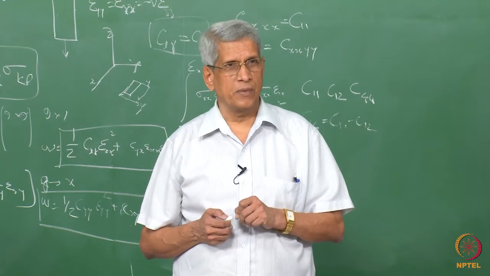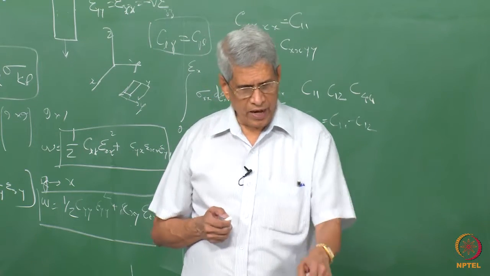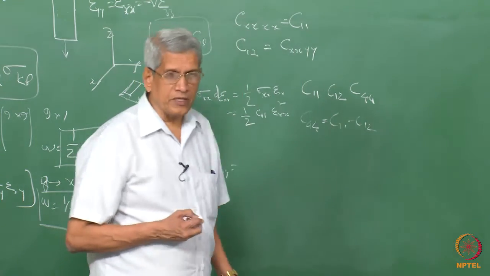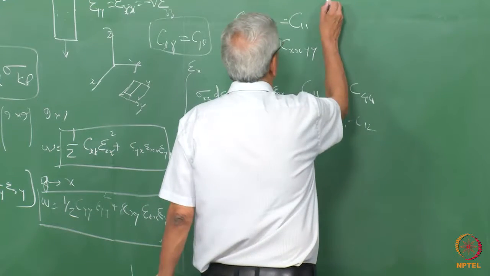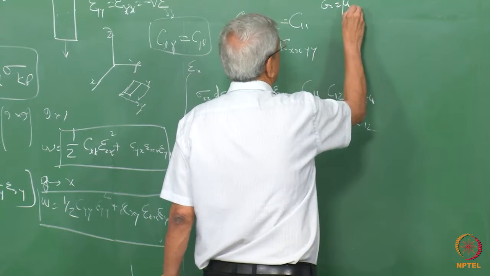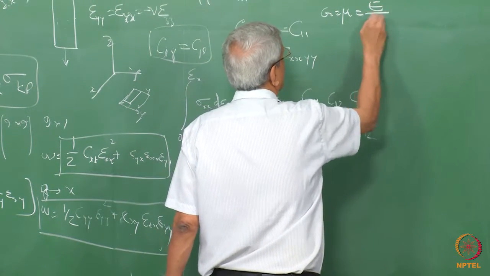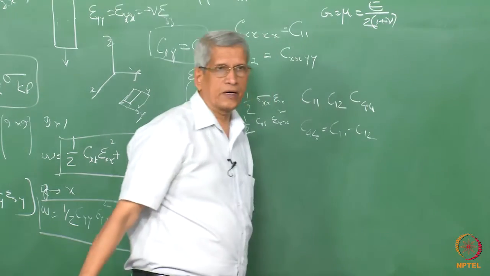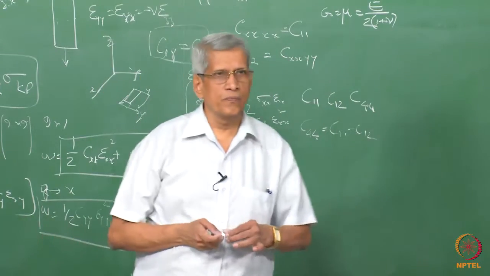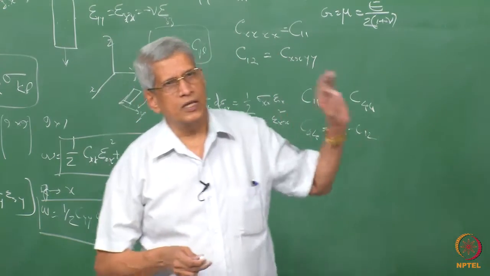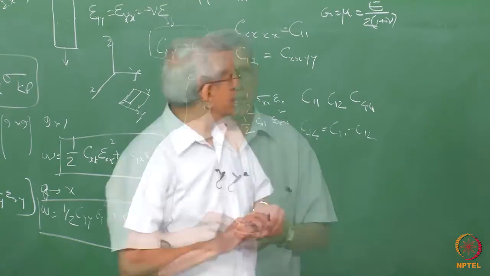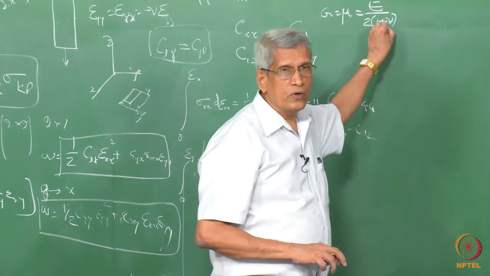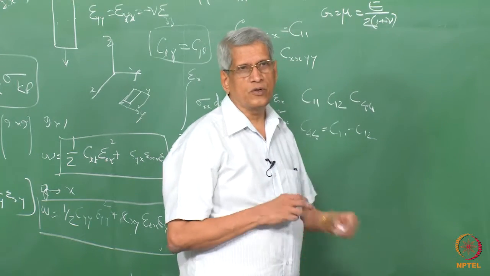I have given both expressions here. So G equals mu equals E by 2 into (1 plus nu), correct? What is nu? Nu is nothing but the Poisson's ratio. This expression itself tells you what value of the Poisson's ratio one can have.